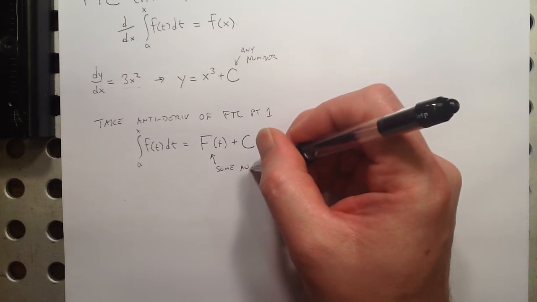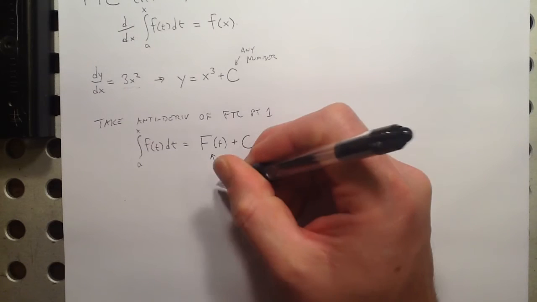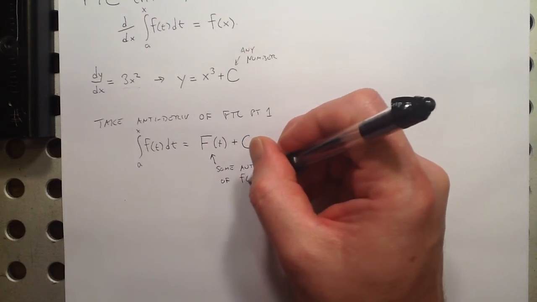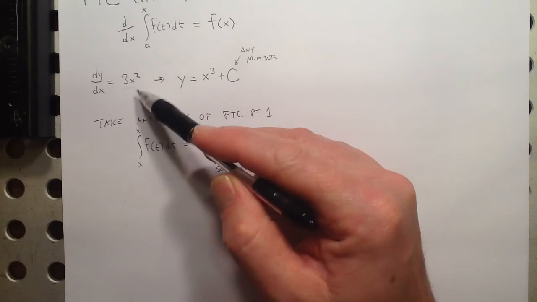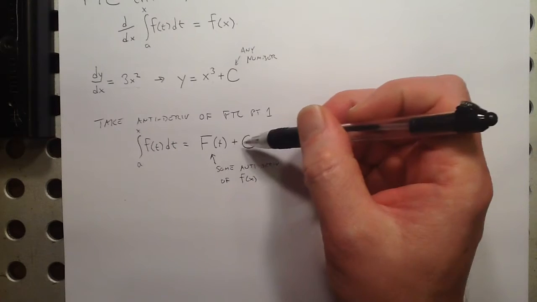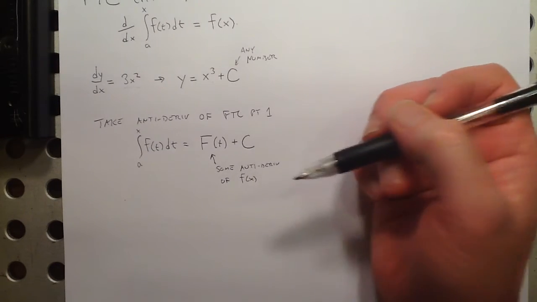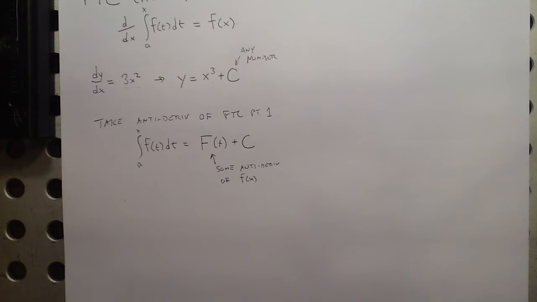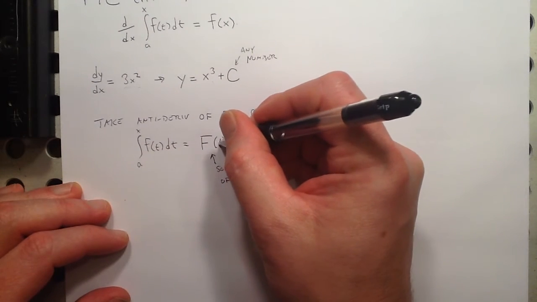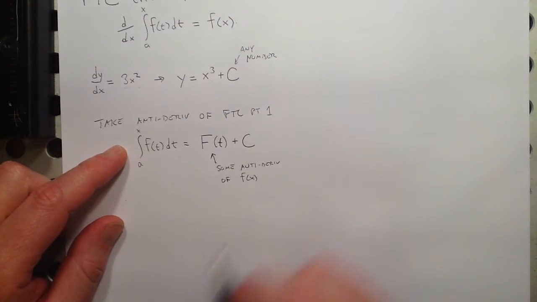It could be any of them. Antiderivative of f of x. Right? So if f of x was 3x squared, it could be x cubed, right? And then I put the plus c in there so I could have all the different possibilities there. Right?